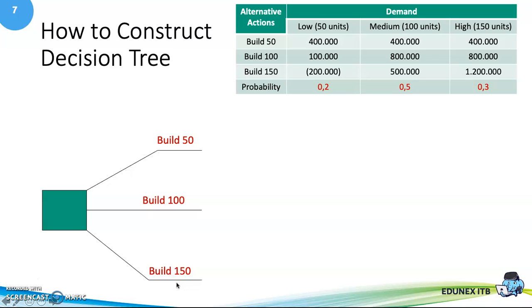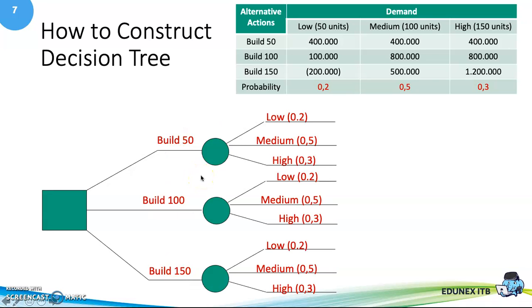After you build the units, what will happen? That we call the future events or states of nature. If the demand is low, how much is the probability? If the demand is medium, how much is the probability? And if the demand is high, how much is the probability?